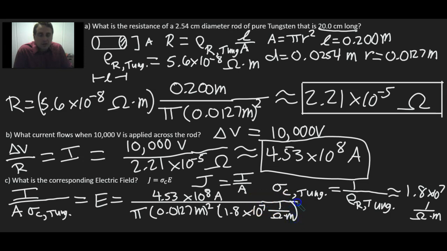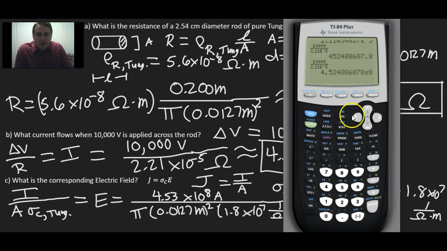All right. So let's get this value. So over to the calculator. Let's stack this up. And let's do 4.53 times 10 to the 8th.